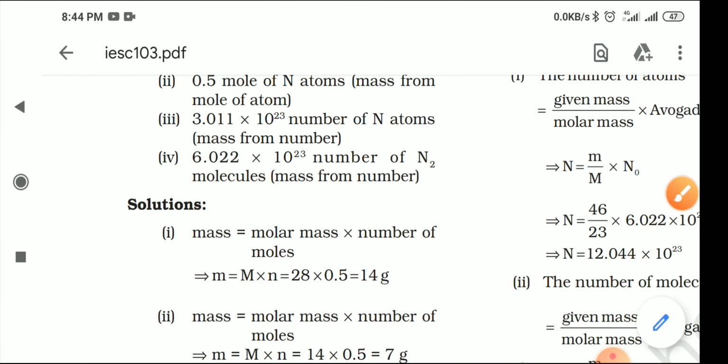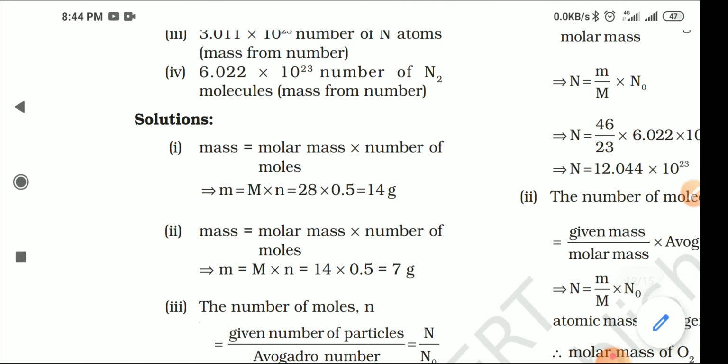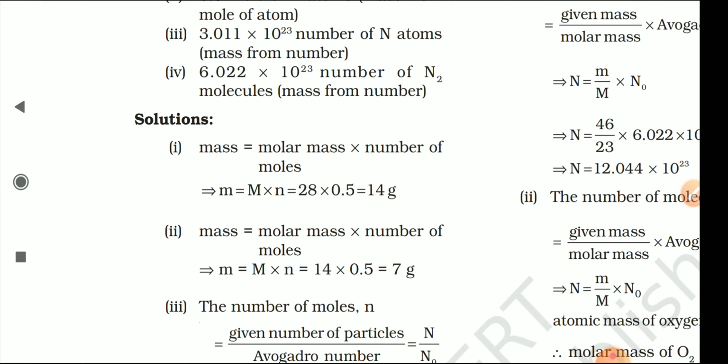Now the third question. Here you can see 6.022 into 10 to the power 23 number of N2 molecules was given. The same formula you will implement: given number divided by Avogadro number and multiplied by the molecular mass of the particular compound.